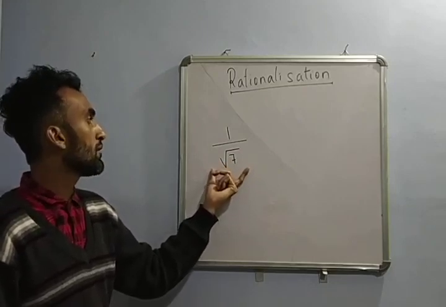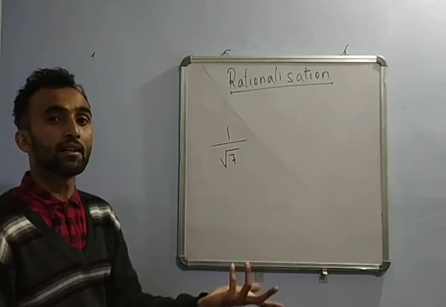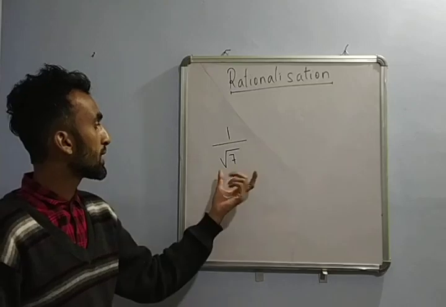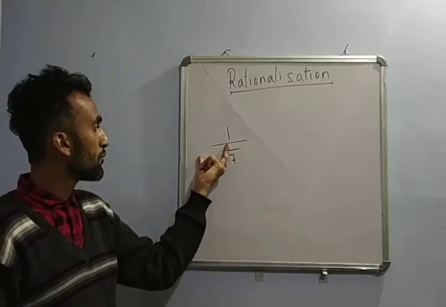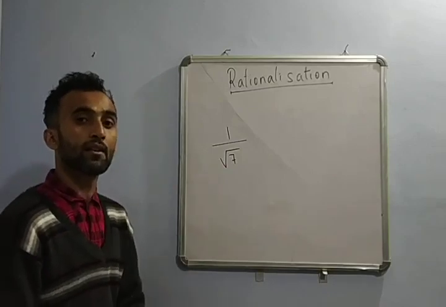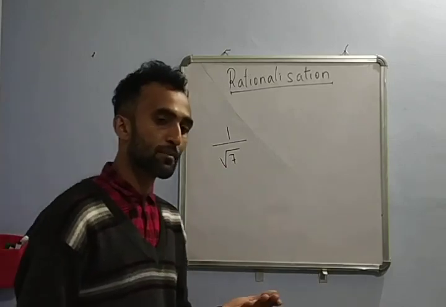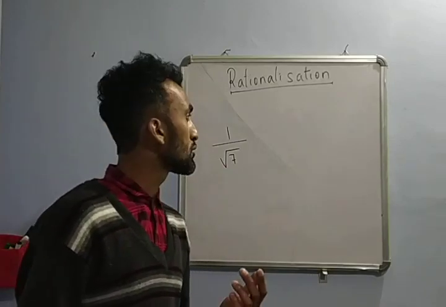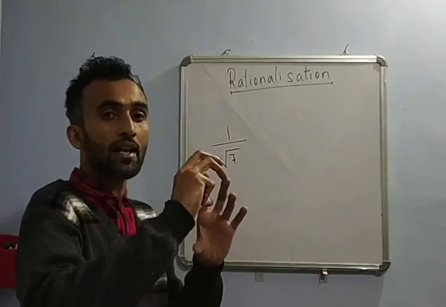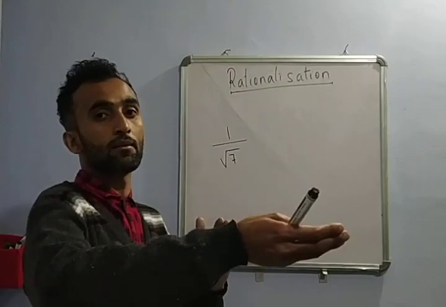So what will I do now? I'll multiply by one factor in the numerator and the denominator, so that the denominator will become a rational number. Now it is irrational, it will become rational. So rationalization is basically used to convert the denominator from an irrational number to a rational number.